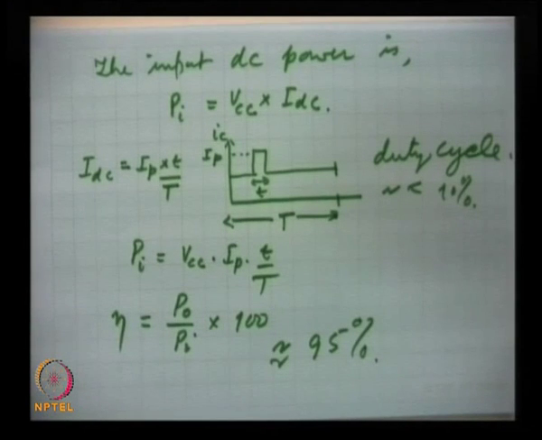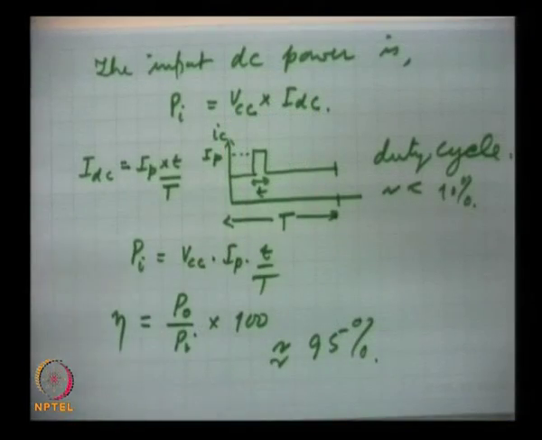That means if we are supplying 1 kilowatt of DC power to a class C amplifier, 900 watts will be available as sinusoidal AC, very high power. That is the reason that we are studying class C operation, but there is a limitation.